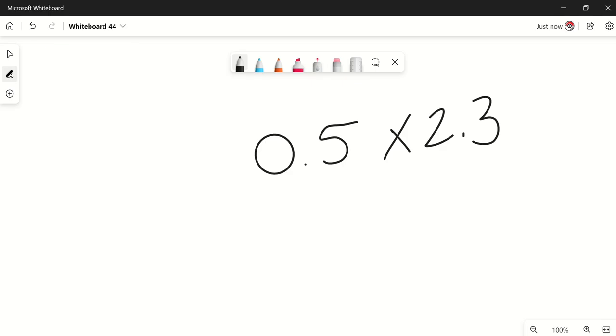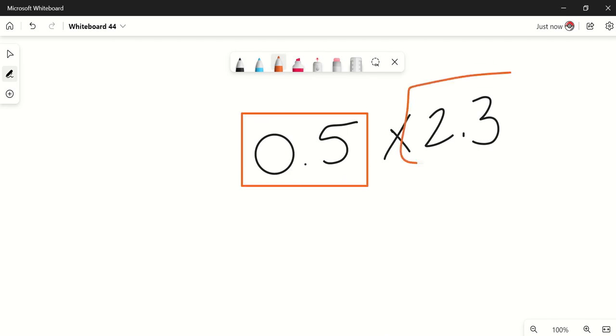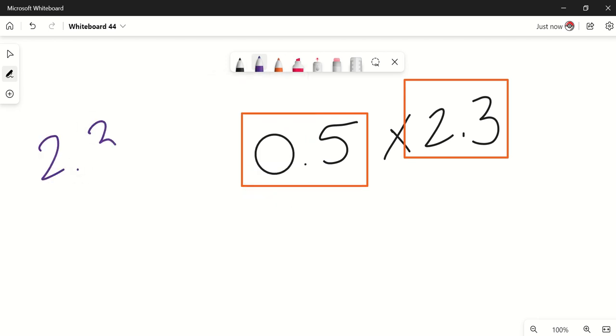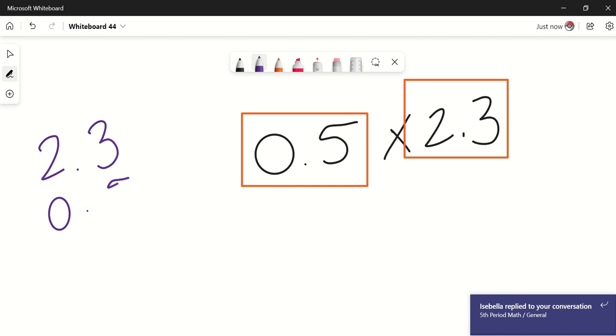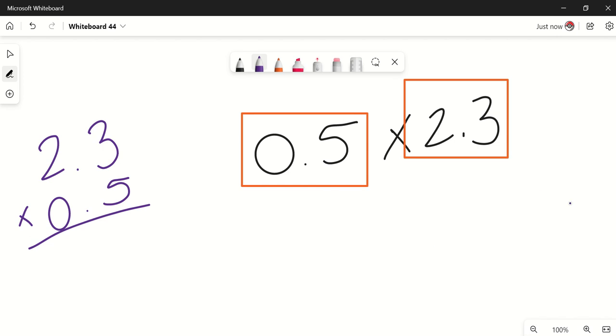So both numbers have 2 digits, so it really doesn't matter which one you put on top. I'm going to put 2.3 on top and 0.5 on the bottom, because I like to multiply by 5s, and it's a lot easier to do that.